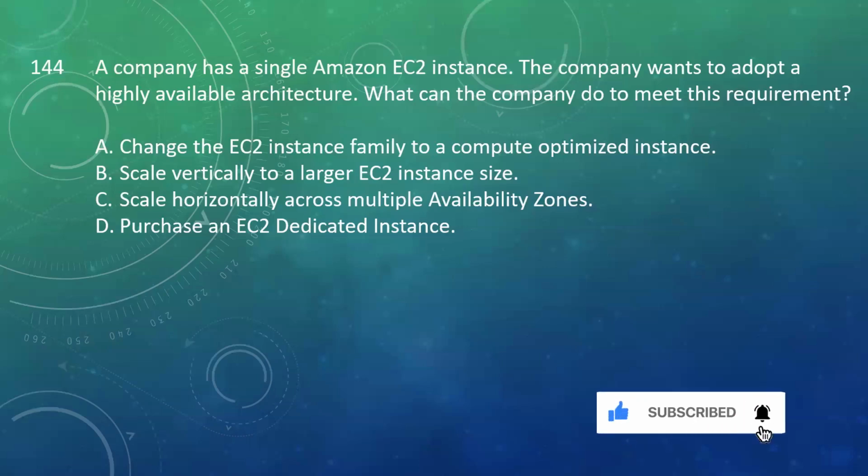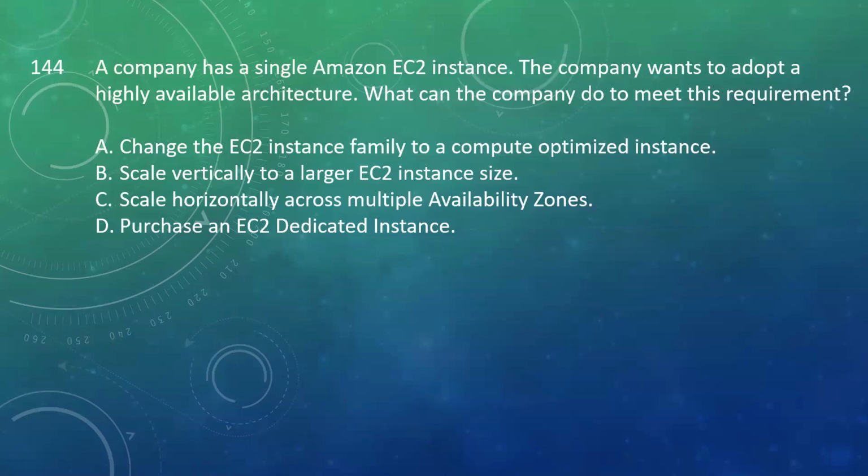Now, option C, which talks about scaling horizontally in multiple AZ, means you are adding more VMs in a different availability zone, which will give you high availability. As if one VM goes down, then you have a different one, making option C the correct choice. But before proceeding forward, let's look at option D as well.